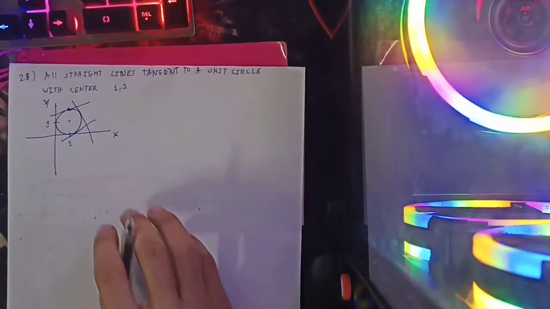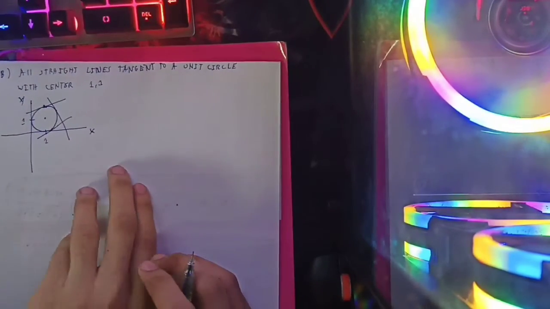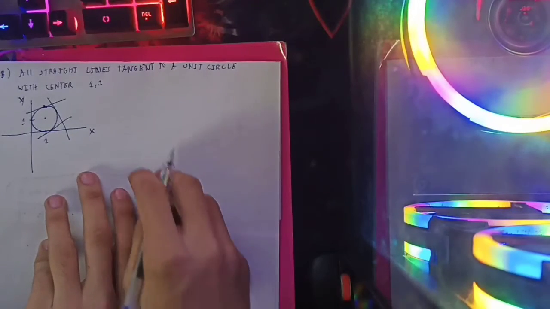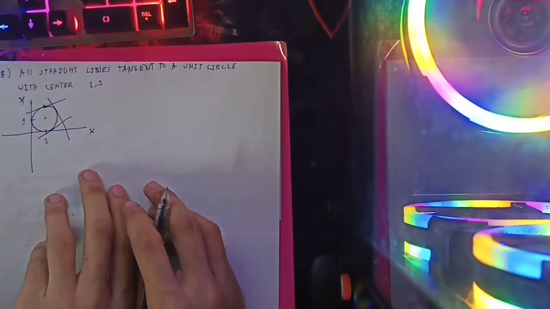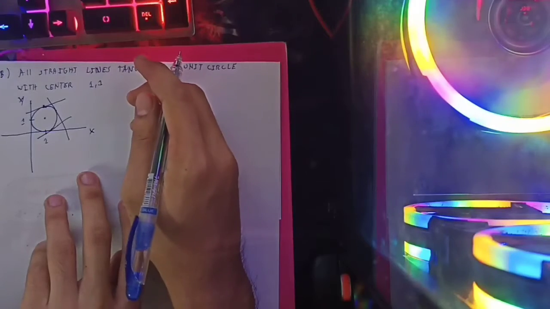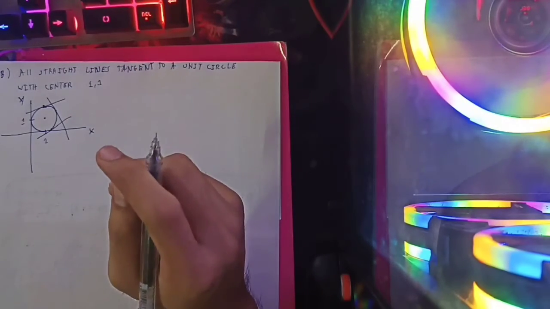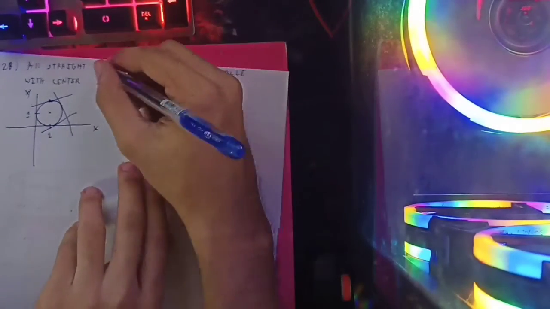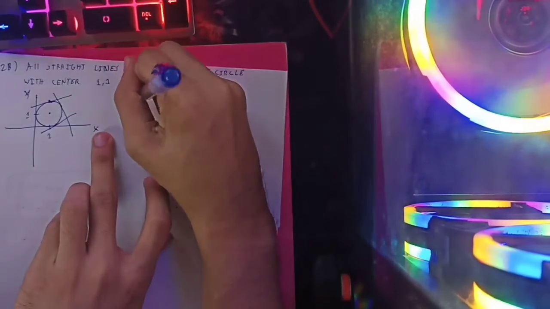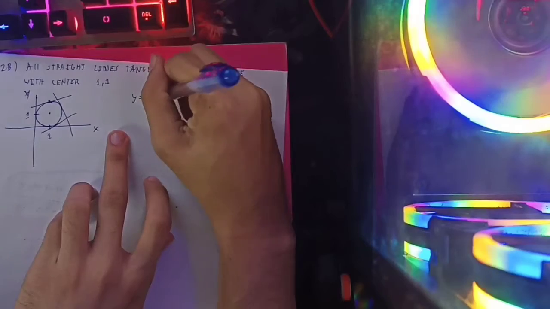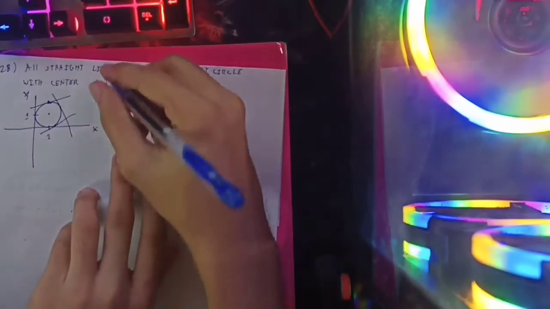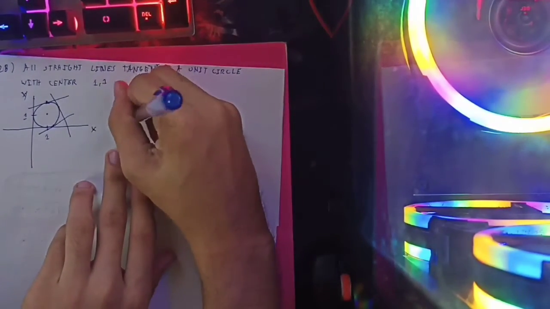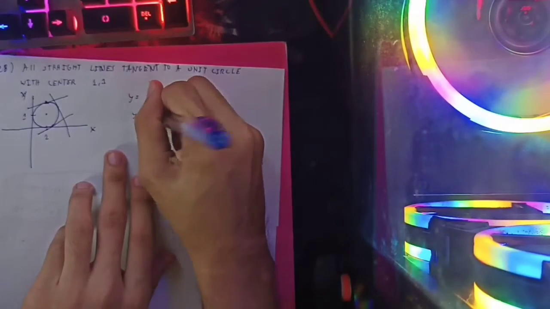So if we're going to observe the line, the slope is equal to the derivative of the equation of the unit circle. So derivative gives us the slope of the tangent line at a common point. So from the equation of the line, y is equal to mx plus b. The derivative y prime is equal to m.